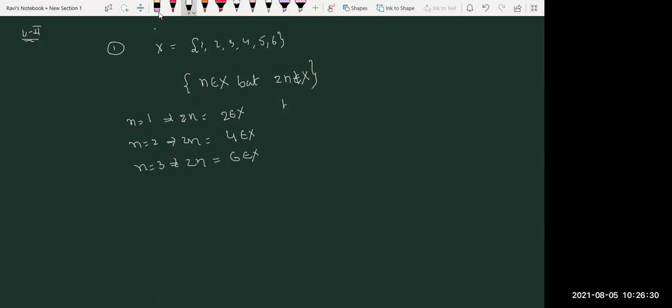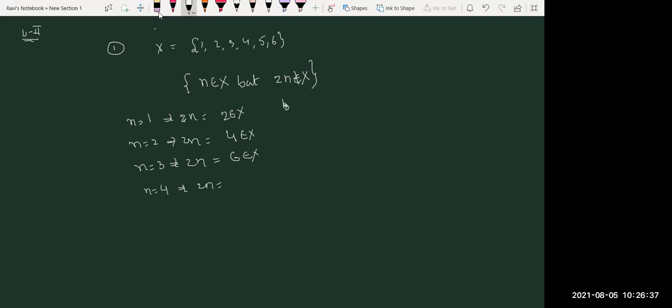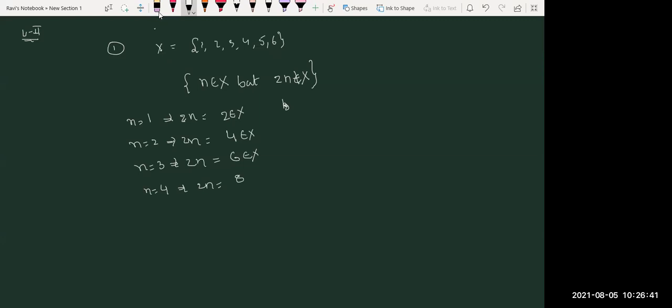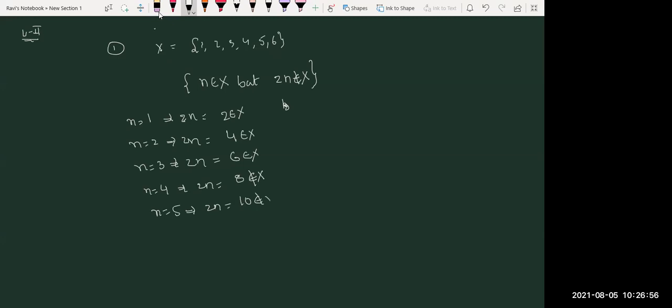But now I will write n equal to 4. It's 8. N equal to 4 means 8. Sir, 2 to the power of n or only 2n? Only 2n, they have given 2n. Okay, sir. So 2n does not belong to x, correct? N equal to 5, 10. N equal to 6, 12.